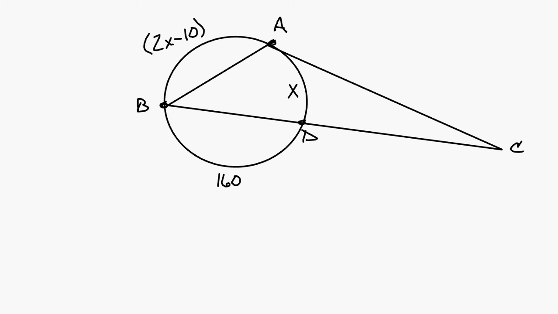Solve for x. And how would you do that? The three arcs have to add up to how much? Right, so your 2x minus 10 plus your x plus your 160 have to equal 360. So you could solve for x first.